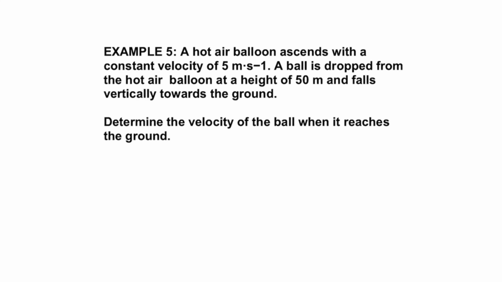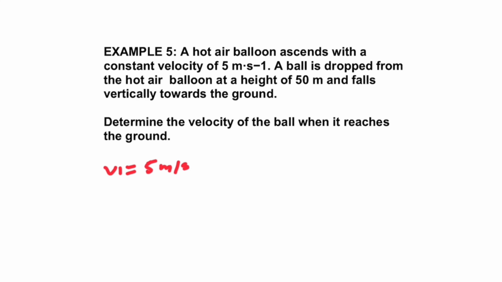So let's take a look at the initial velocity, because with the moving reference, that is the first thing we should be tackling. Our object is being dropped from a hot air balloon that is ascending, going up at a constant velocity of 5 meters per second. So we have VI equals 5 meters per second.